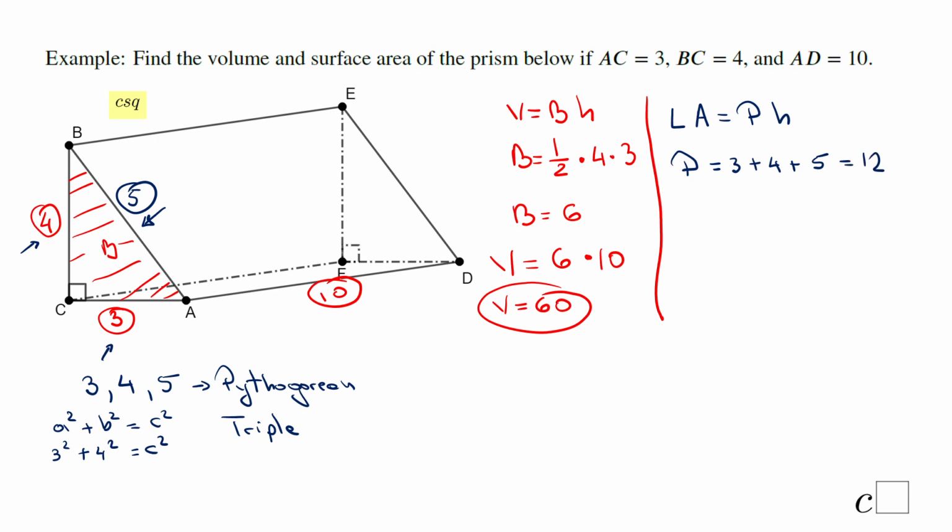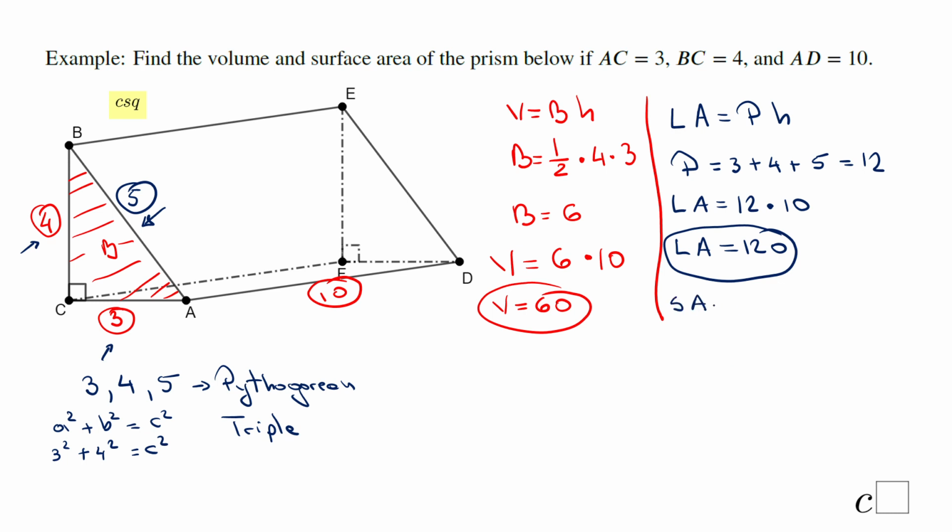Perimeter, remember, is just units. So we can move to the lateral area now, which is going to be this 12 times the height, which is 10, so that will be 120 square units, let me be sure.